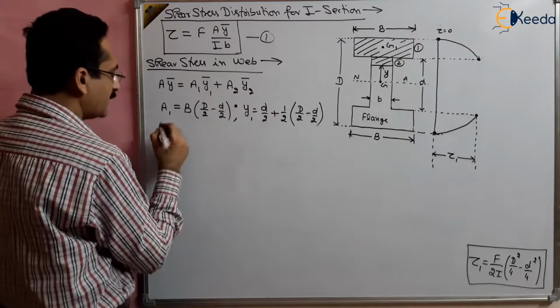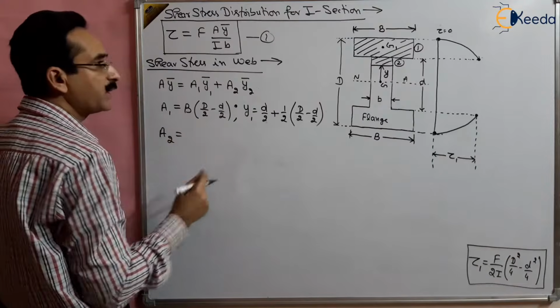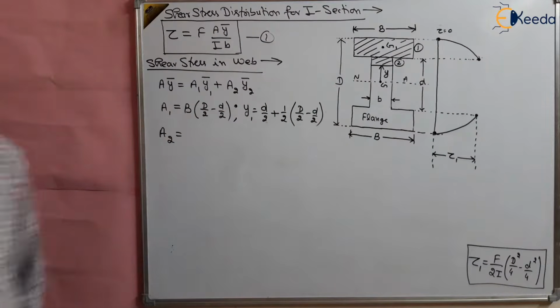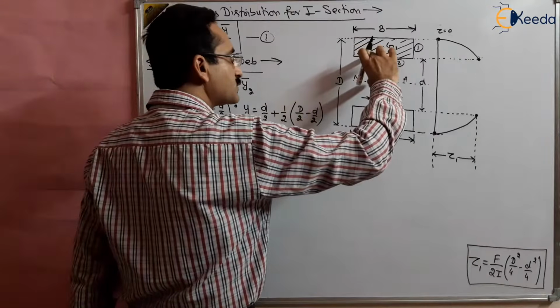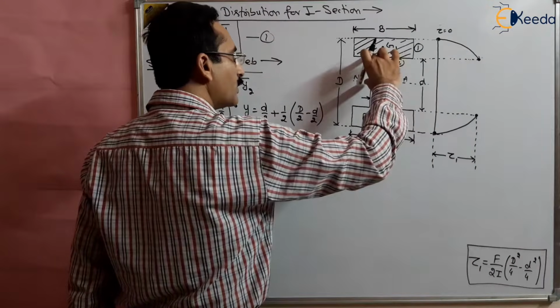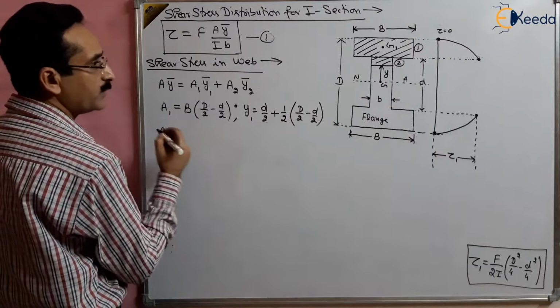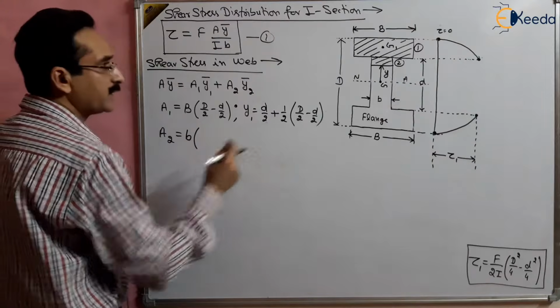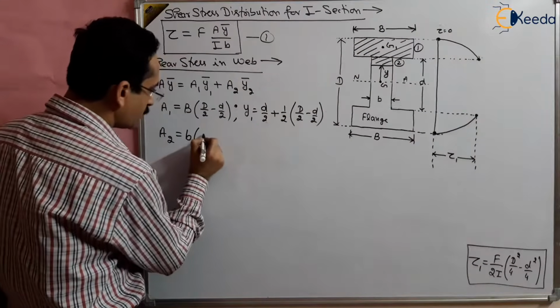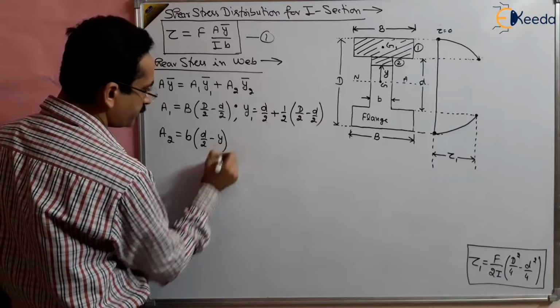A2 y2. What is A2? The area of the section which is in the web, that section which is hatched in the web. So A2 will be equal to width b multiplied by this thickness, which is small d by 2 minus y.